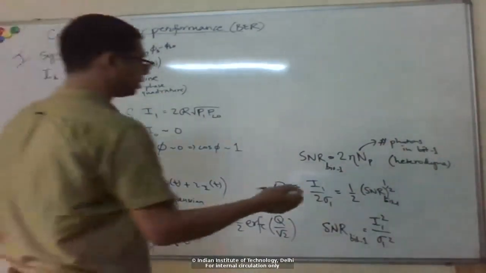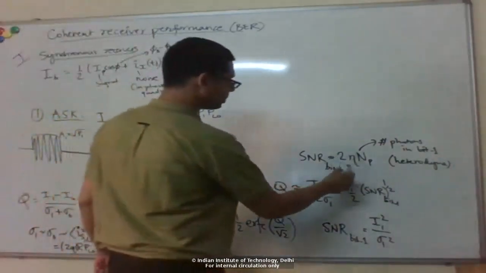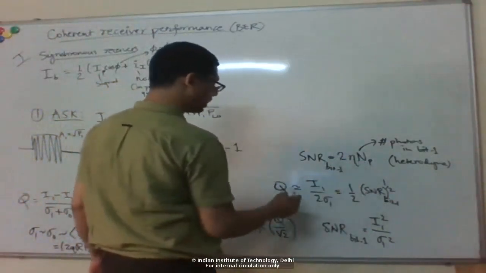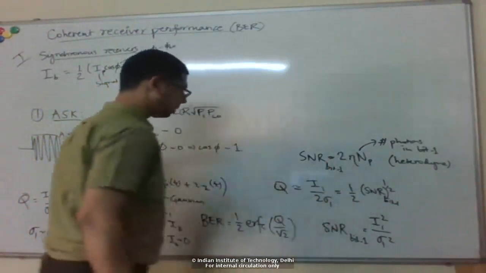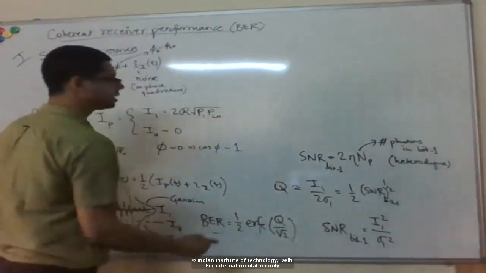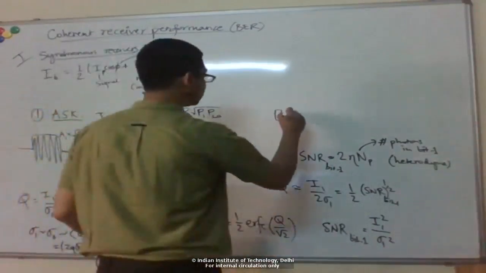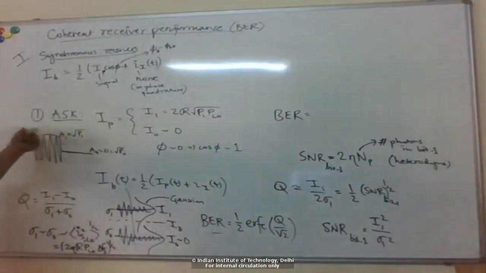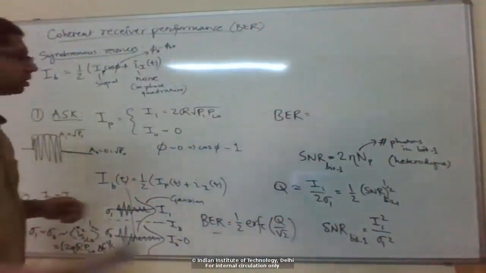Okay, so we can substitute this expression for the SNR in terms of photon number into here to get the Q factor in terms of the photon number, right? And then if we substitute that into this expression, we can get the BER in terms of the number of photons that we send per bit.